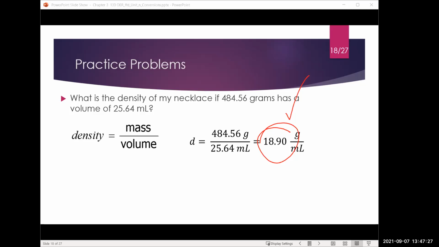Okay, because if I would have done the mathematics and I got an answer that looked like this, then you need to ask yourself, did that number make sense?